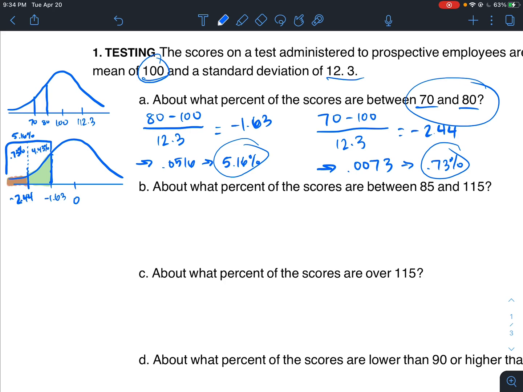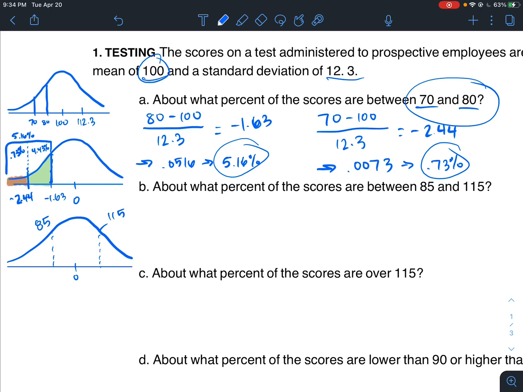Okay. So if you're going to set up a standard normal curve, this is 0, the mean, which is 100, right? It's represented by 100. I'm trying to find scores between 85 and 115, so I know 115 is greater than 100. So this right here is 115, and 85 is over here.